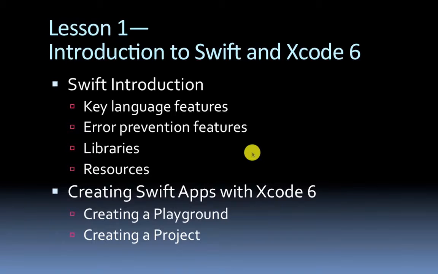And then separately, we will typically use a project when we have multi-source file programs so that we can organize all of the files into a single project. So we'll demonstrate how to create a basic playground and how to create a basic project as well. And then you'll use those features as you proceed through lessons 2 and beyond.